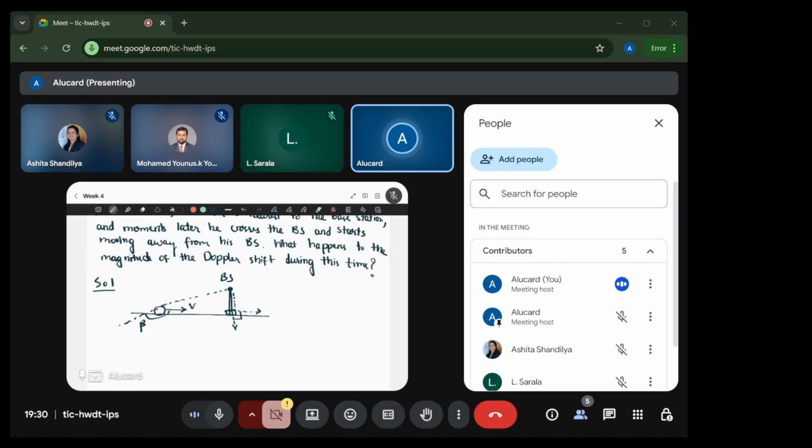So beta is a right angle, and then he moves away. At this point, the direction of motion is horizontal, and the direction of the wave propagation is this. So beta.